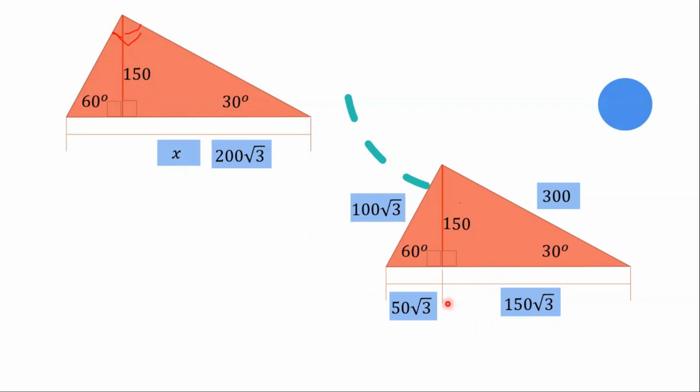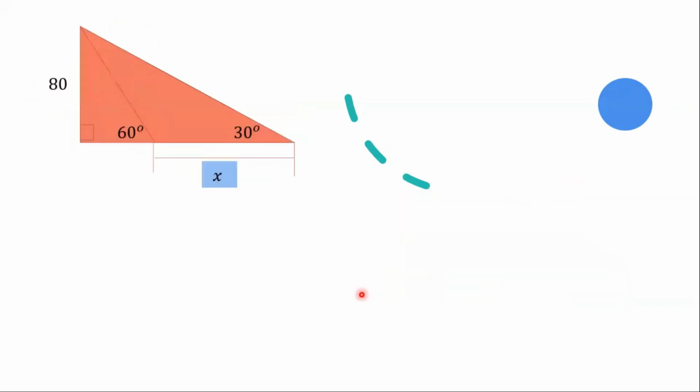If we check, the total length here is 200 square root of 3, then this is 300, and this is 100 square root of 3. So 100 square root of 3 times 2 is 200 square root of 3, and 100 square root of 3 times square root of 3 is 300. So we get the correct answer.